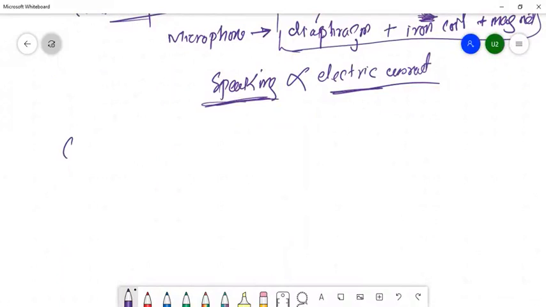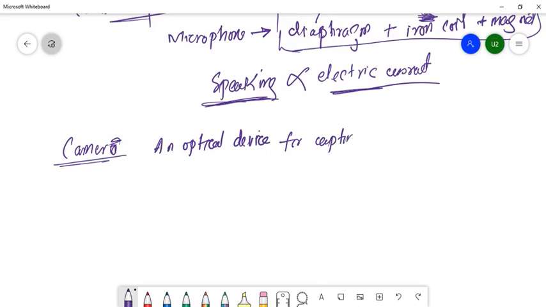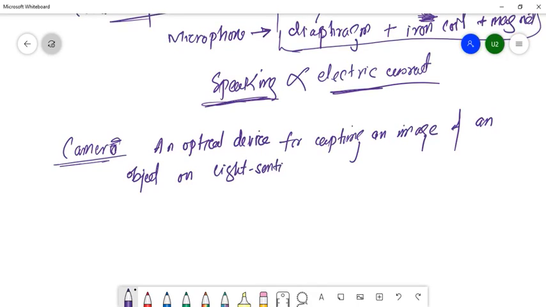Now another topic, that is camera. So camera in optical terms is an optical device for capturing an image of an object on a light sensitive surface.